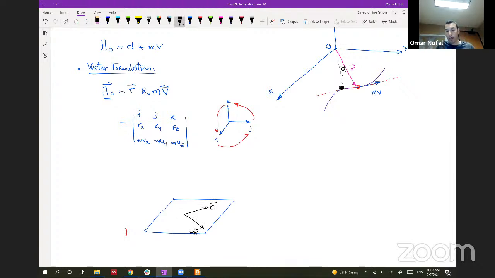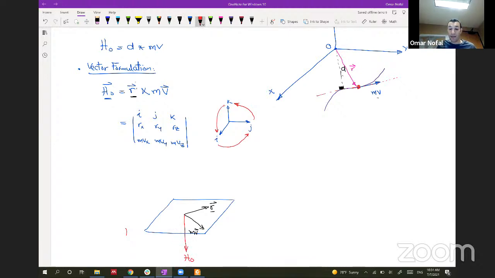So the cross product of these two should be perpendicular to each of these, and in a direction given by the right-hand rule. You curl your hand starting from the first vector, which is R, towards MV, so you will find your finger is pointing down. So you know that HO is going this way.